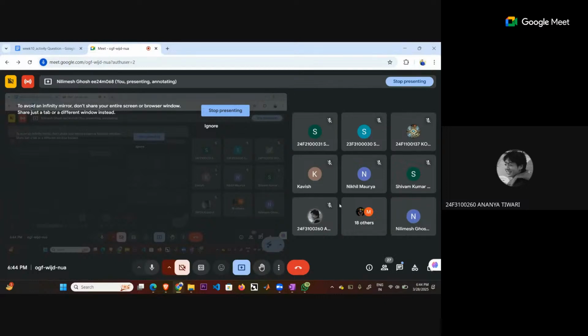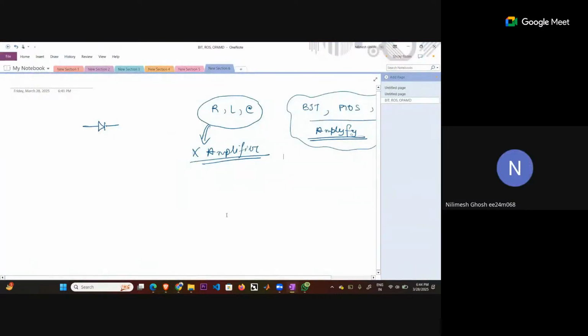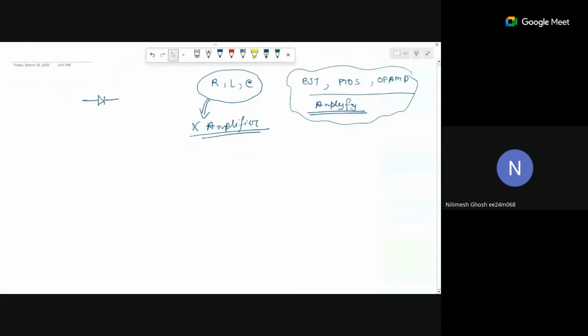Okay, I'm assuming that you guys don't know. These R, L, and C are called passive components. With these passive components, we can't make amplifying circuits.